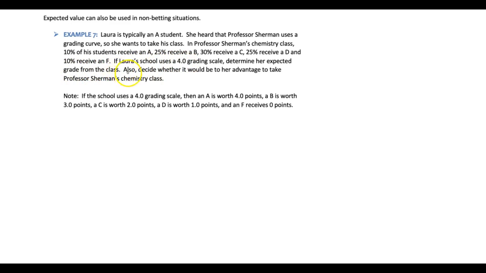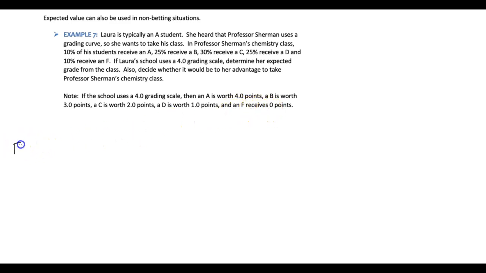Also determine if it's in her favor to take this class. Note that an A on a 4.0 grading scale is worth 4 points, a B is worth 3 points, a C 2 points, a D 1 point, and an F receives 0 points.